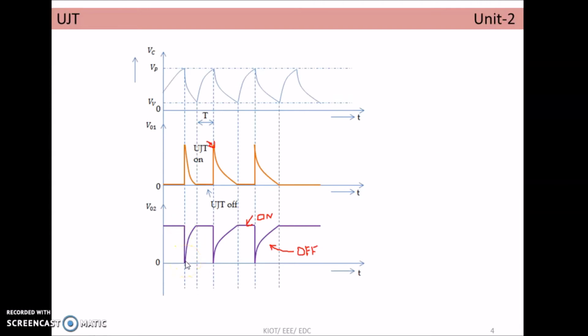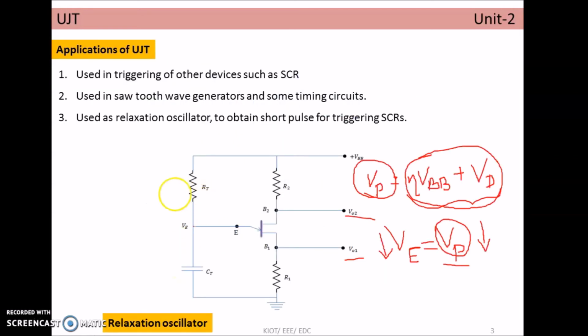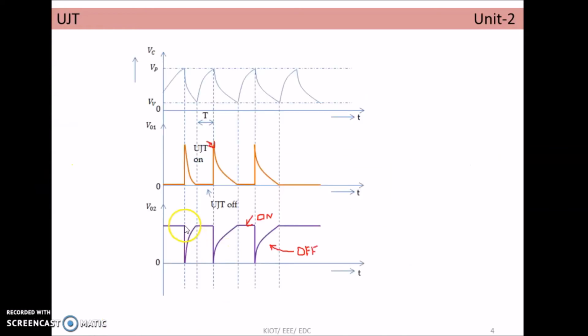This is because the discharging time of the capacitor is made very small compared to the charging time period. Accordingly, we have chosen the values of RT and CT. So the voltage is suddenly reduced to 0, and the capacitor discharges suddenly, and as a result the UJT again turns off.